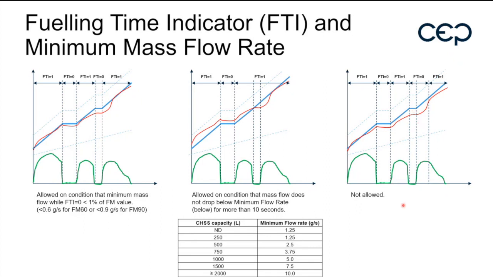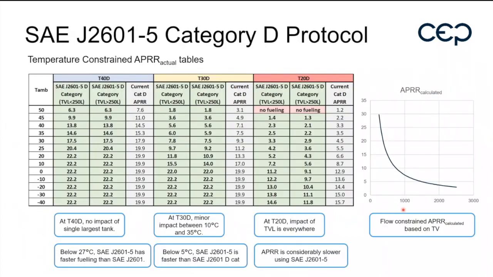That is not allowed. This FTI is also used in SAE J2601-5 4.3 in the United States and Canada, which they are using for checking the stations. And that's the only difference between J2601 D category and the -5D category: this FTI, and the fact that we have these different APRR depending on TVL.